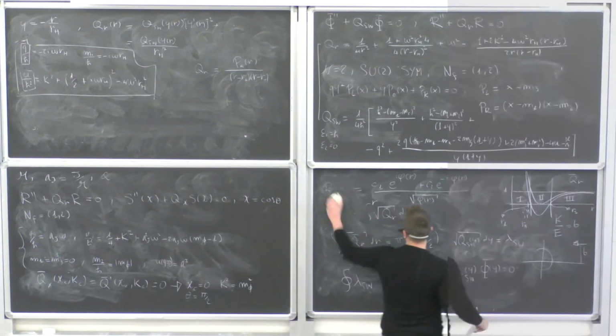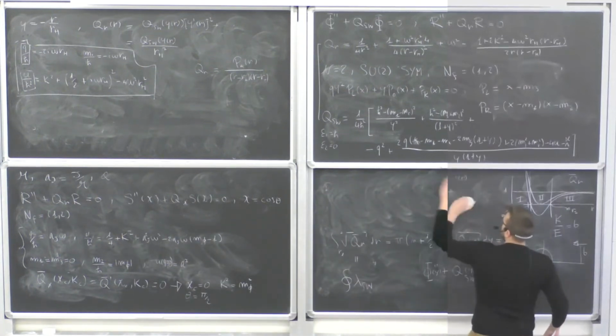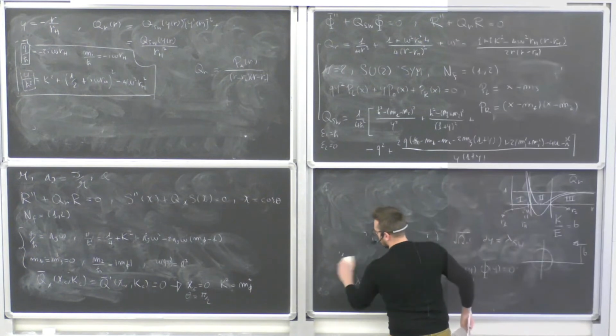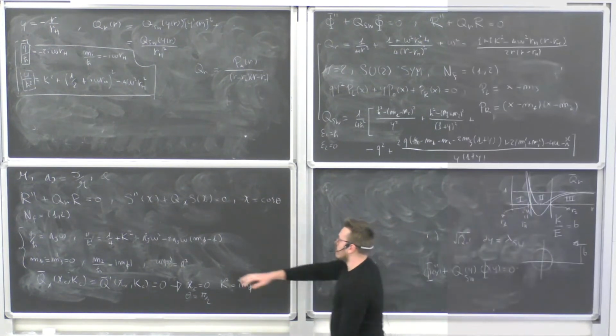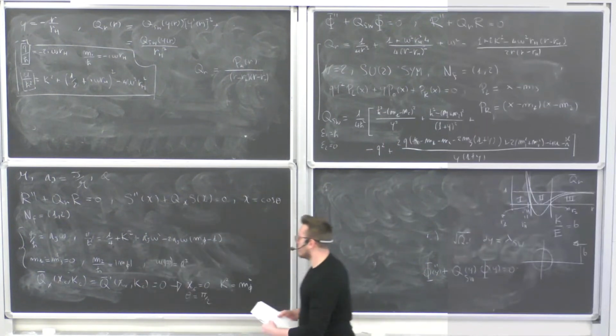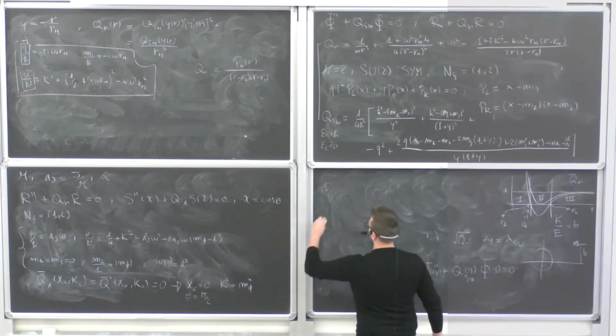Let me speed up a bit. What I find is the following. So I can say u is just this part here, without the 1 over 4.